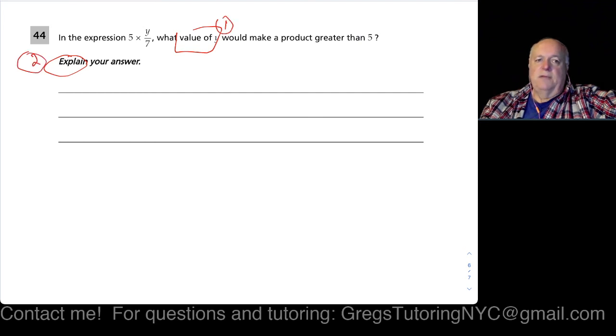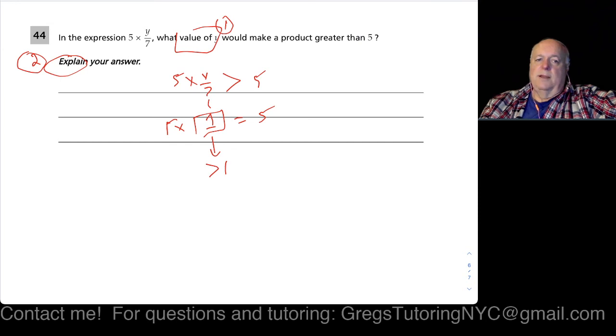So if 5 times y over 7 must be greater than 5, well, if y over 7 was 1, then 5 times 1 is equal to 5. So that means this value here must be greater than 1. All right?